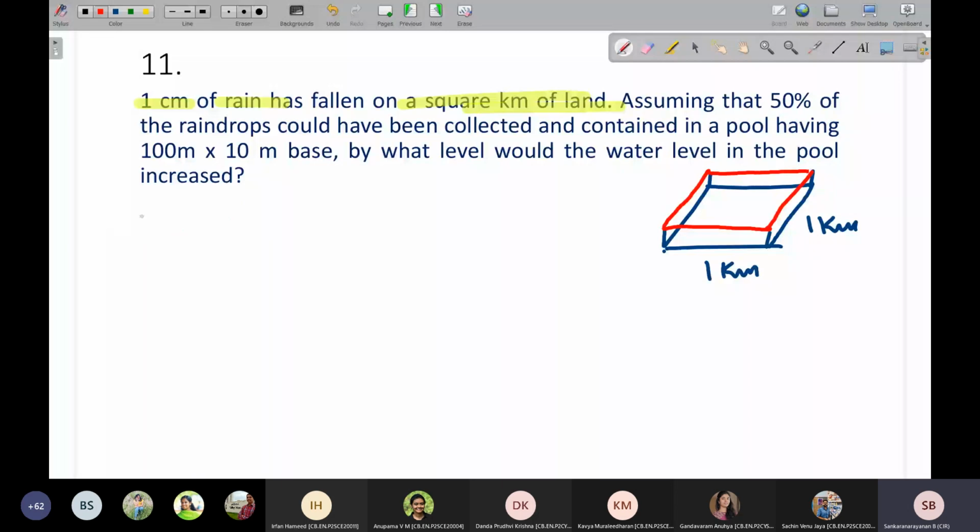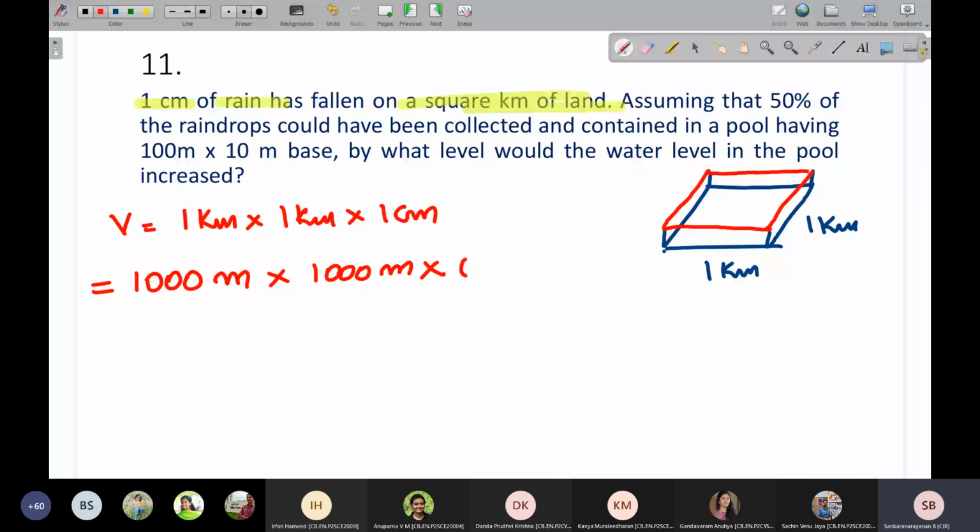Can anyone unmute and tell me, 1 kilometer, how many meters? 1000. So 1000 meters into 1000 meters into 1 centimeter, which corresponds to 0.01 meter. This is the total volume of rainfall in this area.